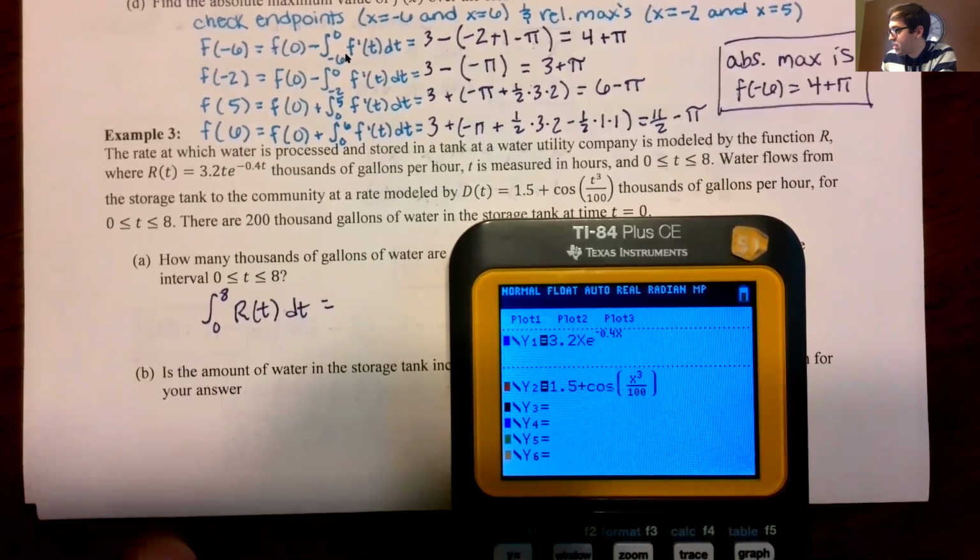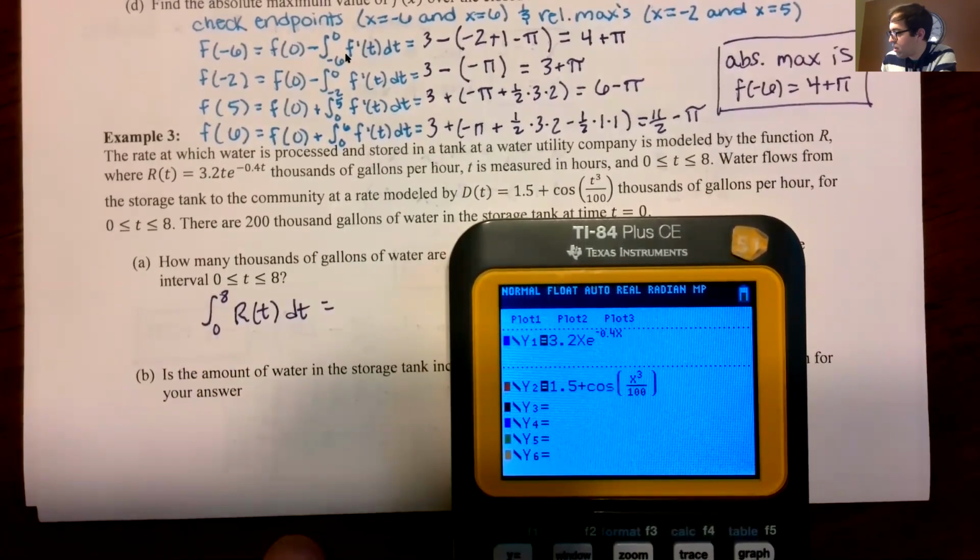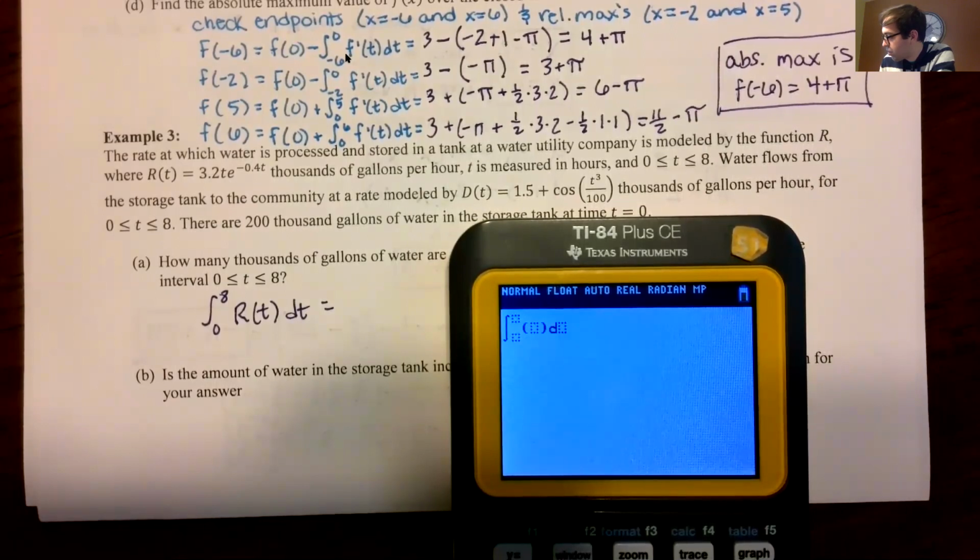And to solve this first integral, now that we already have R of t in y1, all we need to do is set up the integral. So I'm going to go to math 9. I'm going to go from 0 to 8. And I'm going to go to vars, y vars, number 1, and number 1 again to get y1.